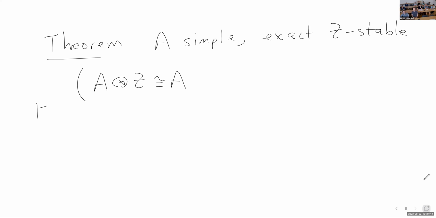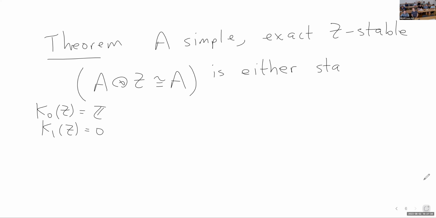So the K0 group of Z, which I'll get to eventually today, is the integers, and K1 is zero. This is what Z-stability means. Such an algebra is either stably finite or purely infinite. So either it has a trace, and if there are no traces, it has to be this very strong notion of infinite. This is not obvious. There's no reason that something that's not stably finite should automatically be purely infinite.